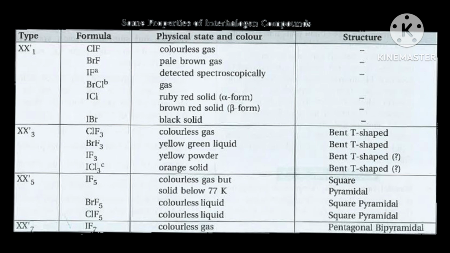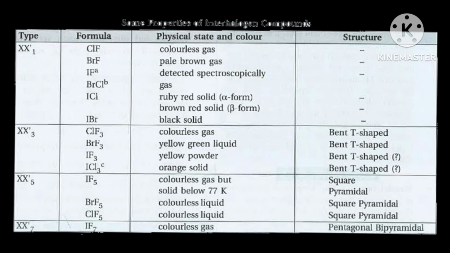This is because the X-X' bond in the interhalogen is weaker than the X-X bond in halogens like Cl, Br, I, where that bond is stronger.